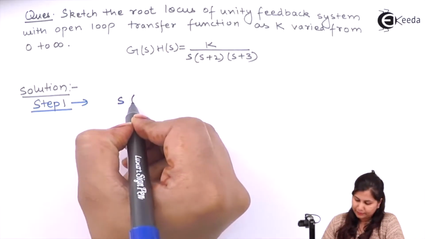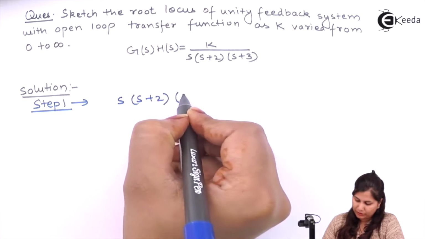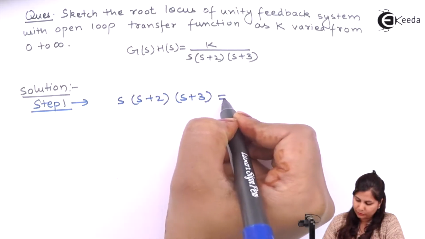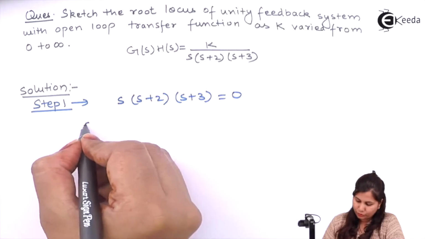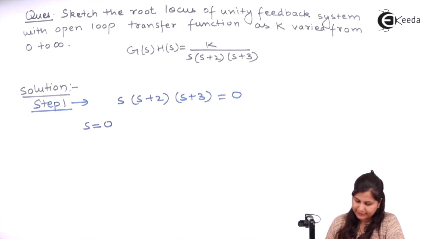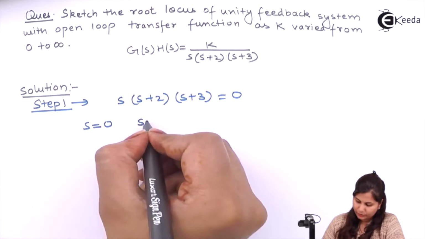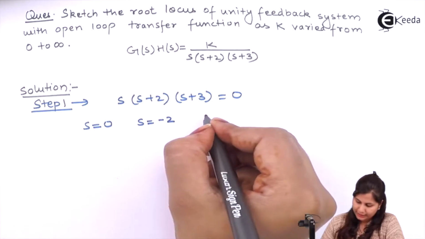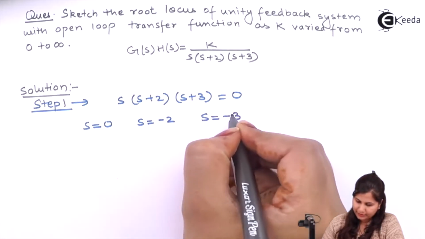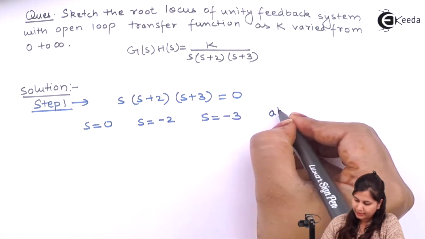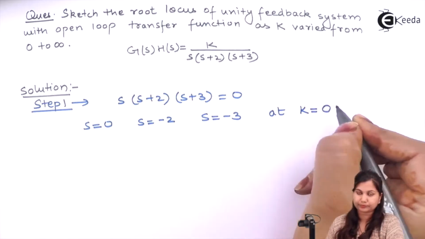So s, (s plus 2), (s plus 3) equals 0. So we have the roots of this equation as s equals 0, s equals minus 2 and s equals minus 3 at K equals 0.